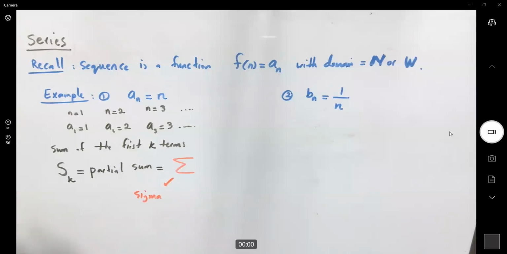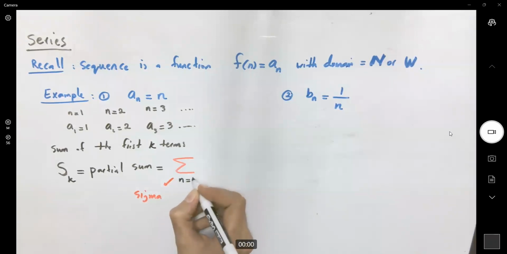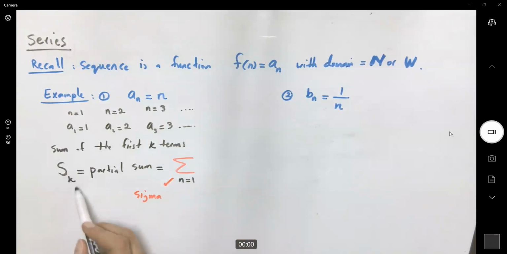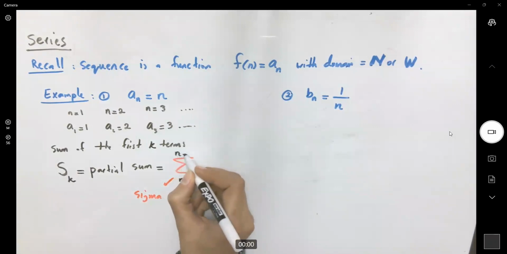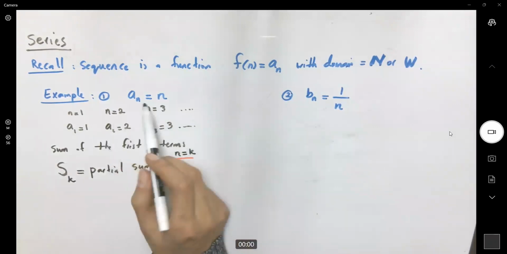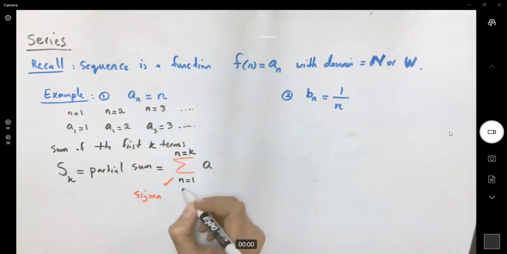This sigma has some starting value. The very first value is n equals 1. And suppose you want to stop at the kth term, so stop at n equals k. And then you're going to copy down the general term with the same index that you have.